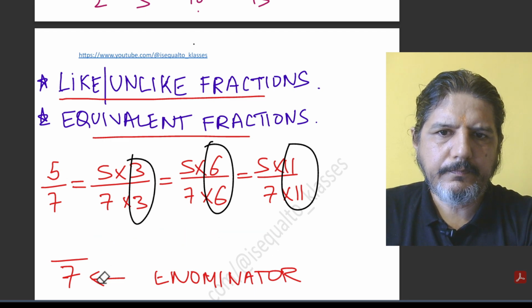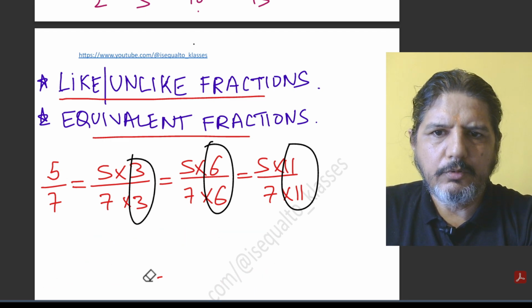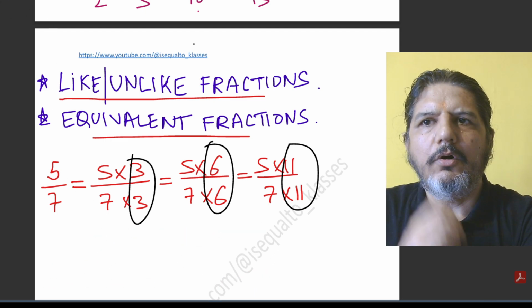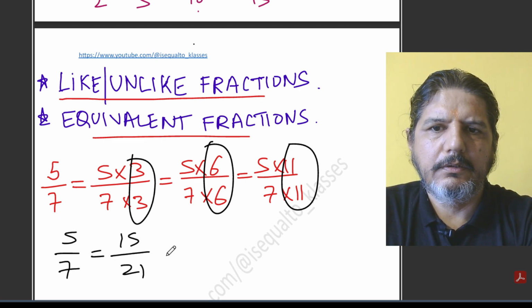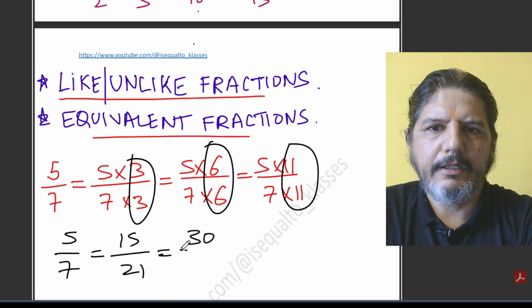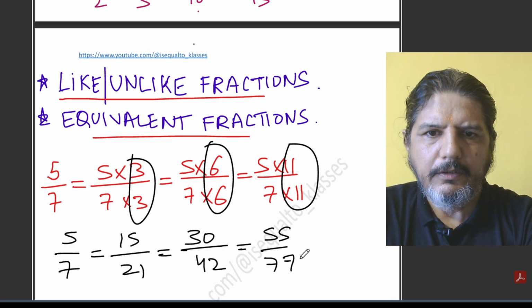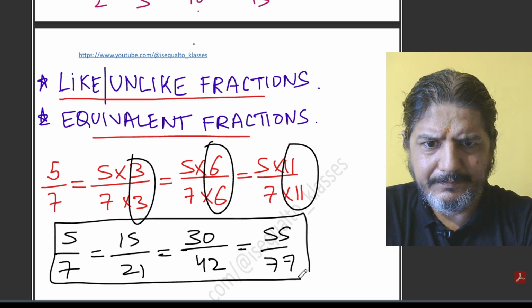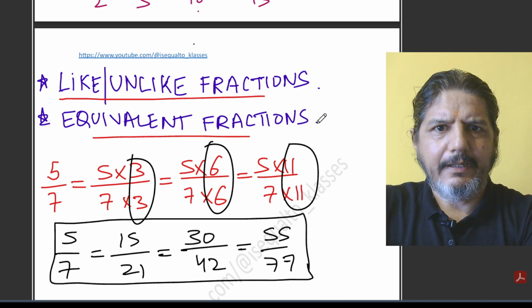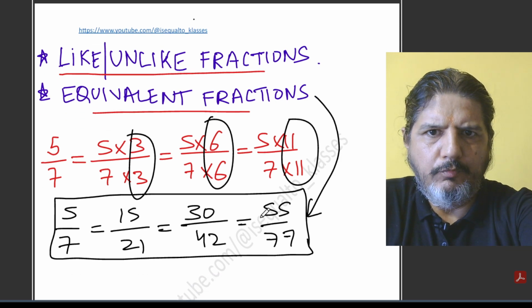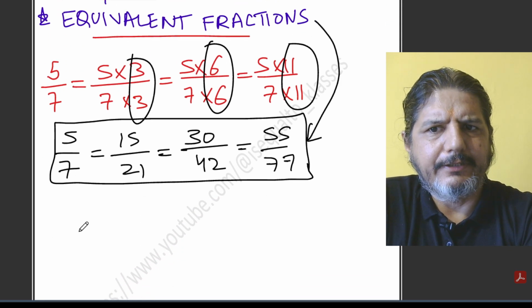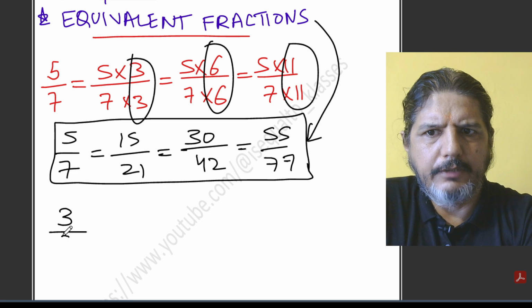So basically, all these fractions, that is 5 by 7, 15 by 21, 30 by 42, and 55 by 77, are the same, and this is what is called equivalent fractions. What is the meaning of equivalent fractions? Take any fraction, 3 by 5.